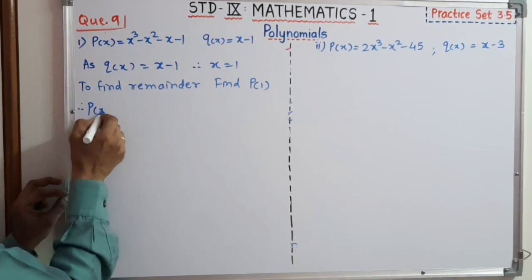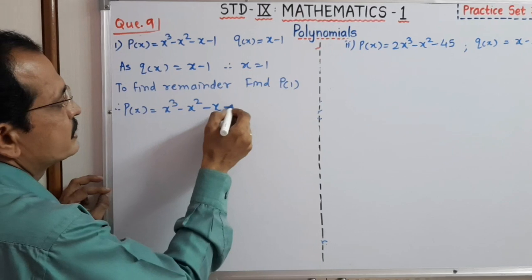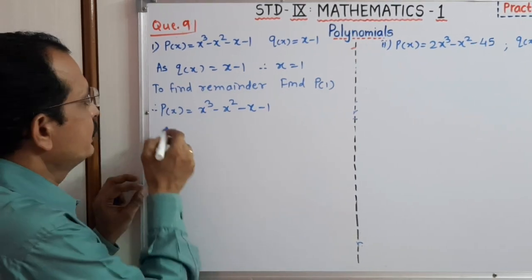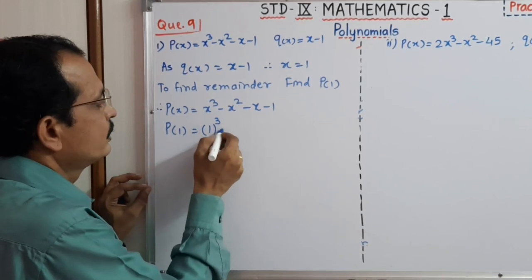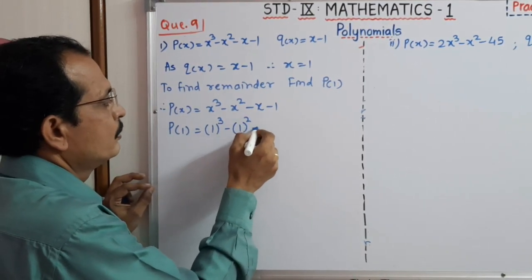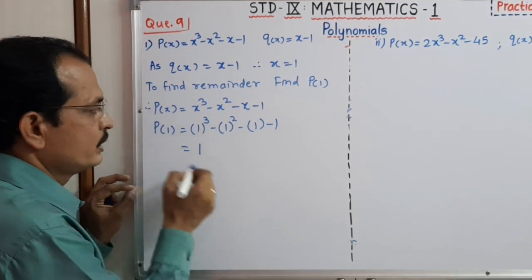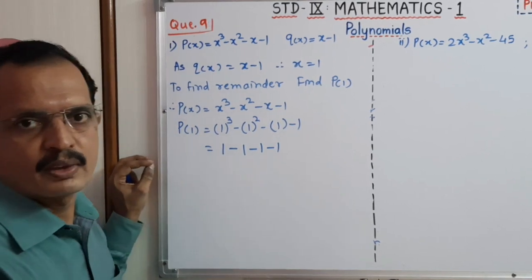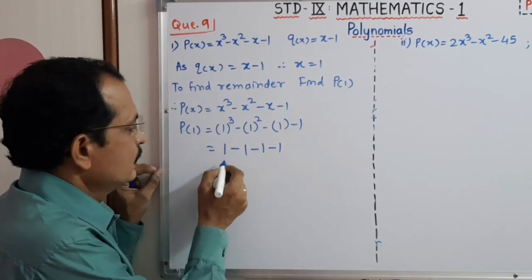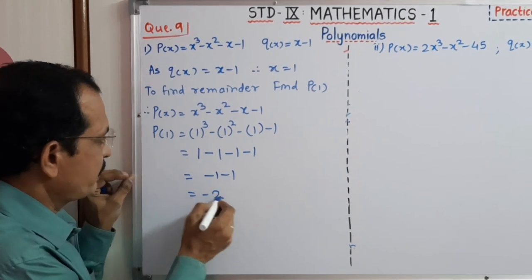Therefore p(x) is equal to x cube minus x square minus x minus 1. Here p(1) is equal to cube of 1 minus square of 1 minus 1 minus 1. Therefore cube of 1 is 1, minus 1, minus 1 and minus 1. Dear student, it is minus 2.